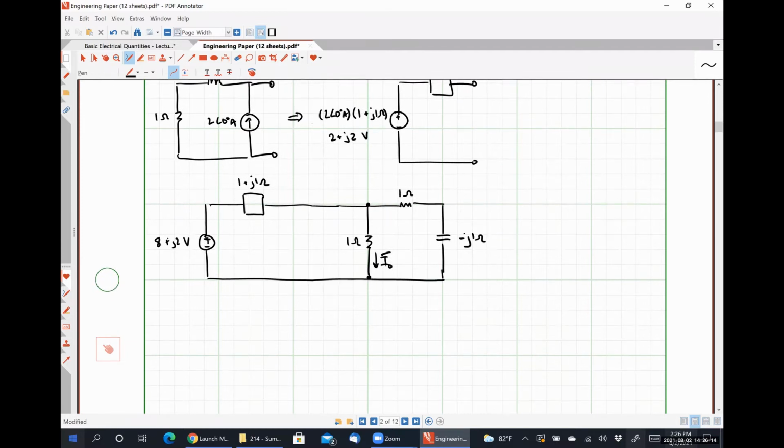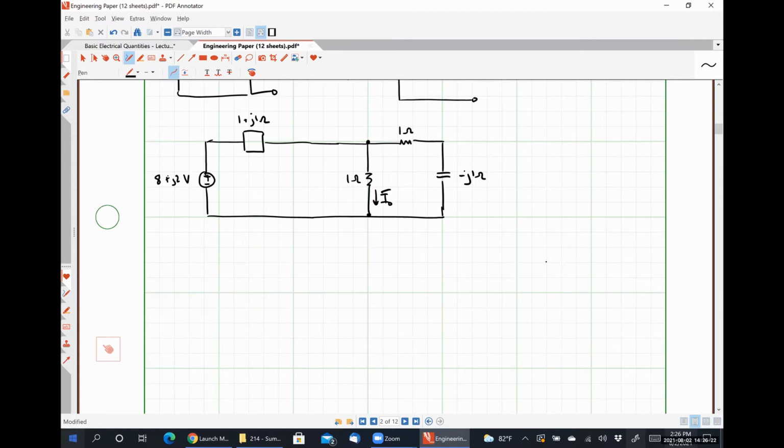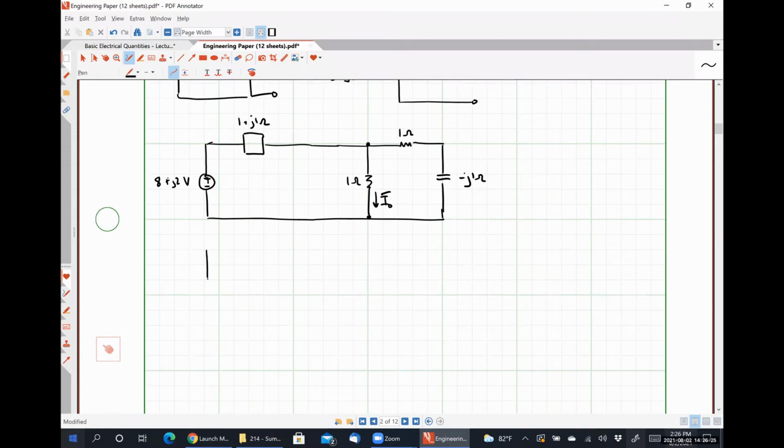But since I'm trying to work this guy using source transformation, I'm going to do another source transformation. So what I mean by that is I will replace my voltage source with a current source, having a current of 8 plus J2 volts over 1 plus J1 ohms.